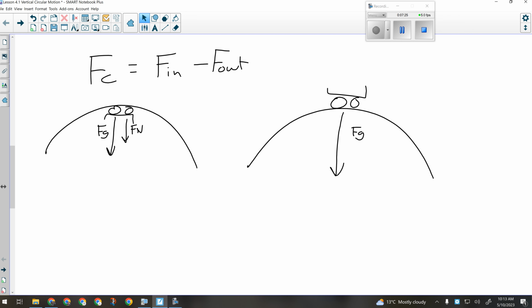But if I'm going over it, I've got some inertia that's going to give me a little bit of a lift, and that normal force is going to be a little less. And I'm going to feel a little bit lighter. Okay? So in this case, my forces in minus forces out would be gravity minus normal force. Everybody all right with that idea?